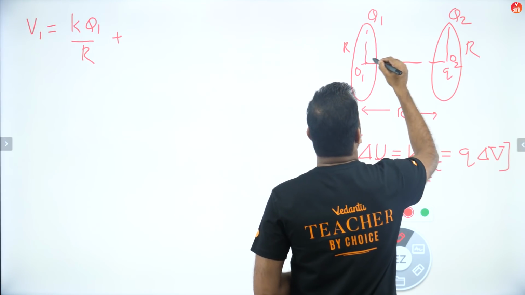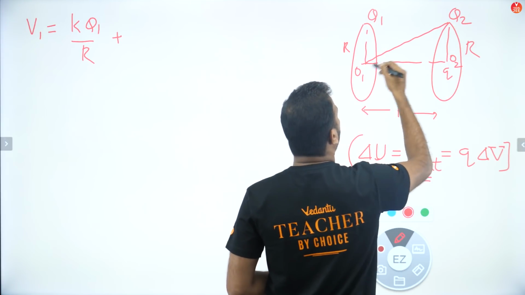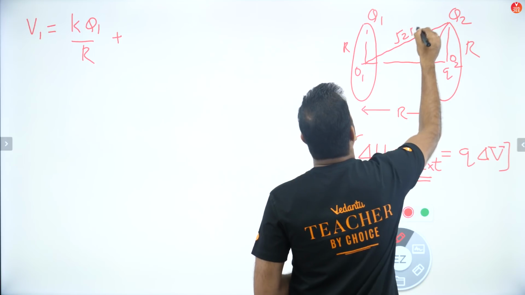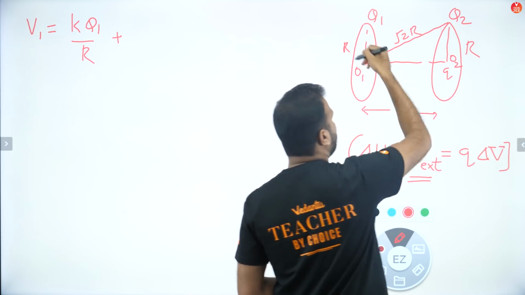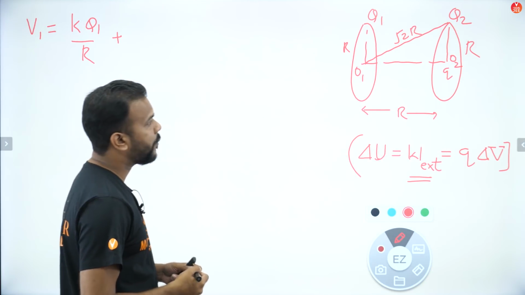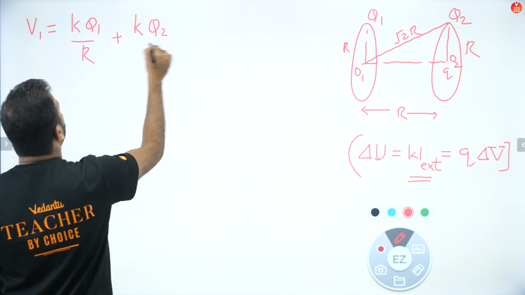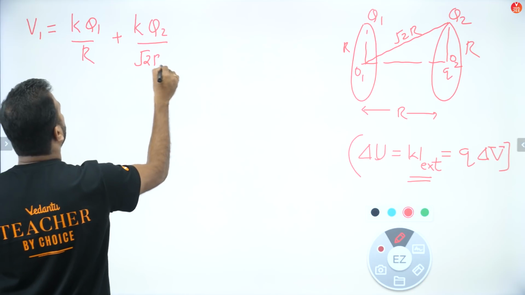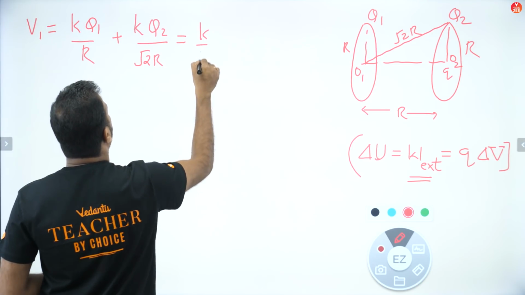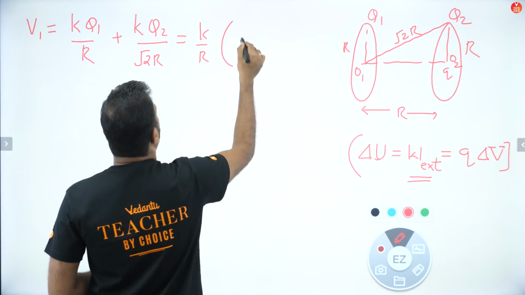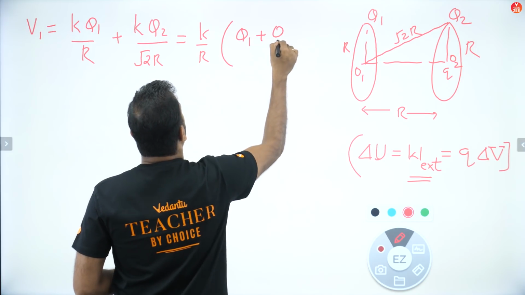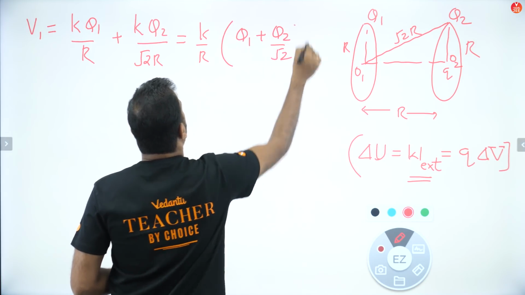If I take any of those points and join it with the center O1, that distance comes out to be root 2 r, because this is r and this is r, so the right angle triangle gives the hypotenuse root 2 r. Writing the potential now, that will be K q2 by root 2 r. You can take K by r common, and in the bracket you will have q1 plus q2 by root 2.